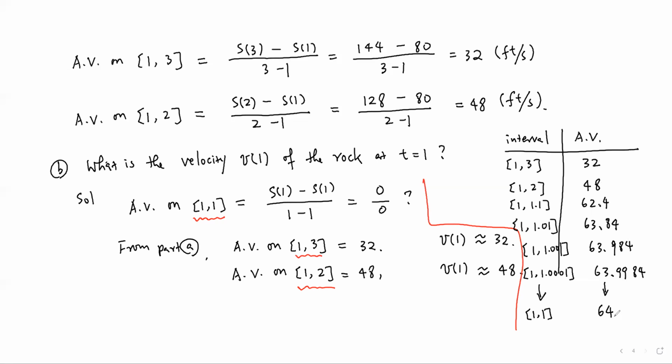Then 64 is exactly the instantaneous velocity at 1. So the answer to part B is velocity at 1 is 64 feet per second. This is instantaneous velocity.